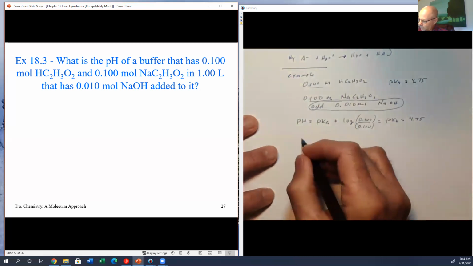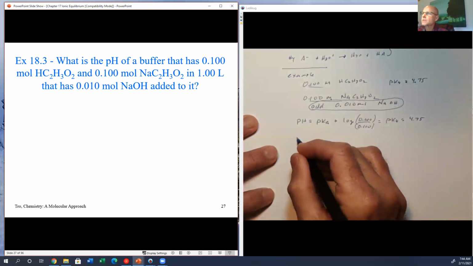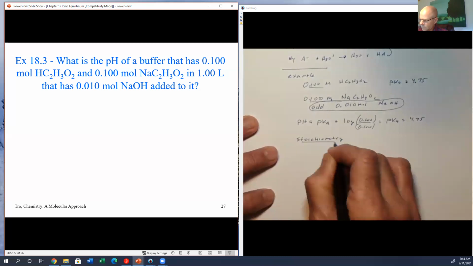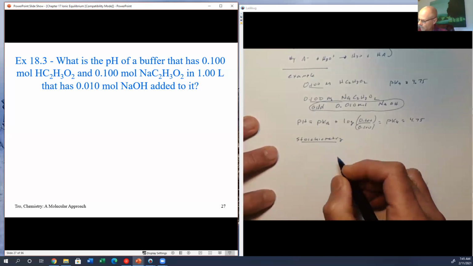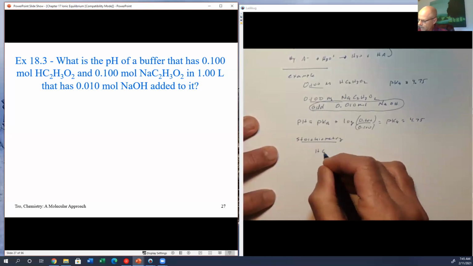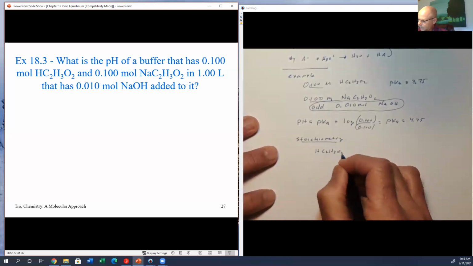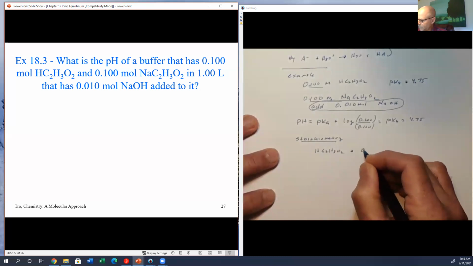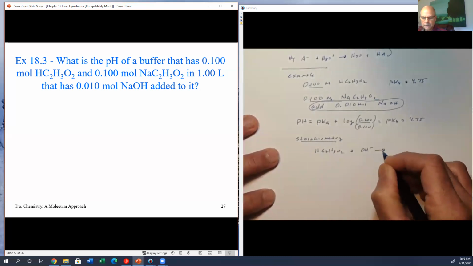So this is the stoichiometry calculation. All right, and we write down the equation for the acetic acid reacting with the strong base and neutralizing some of it, right?